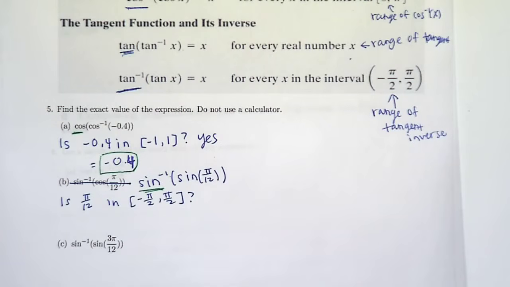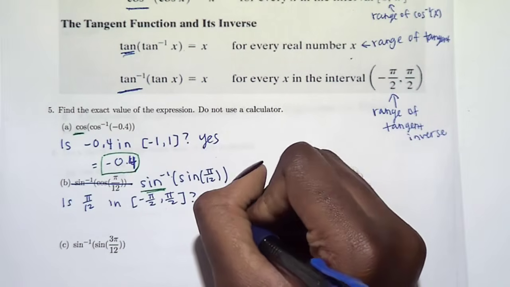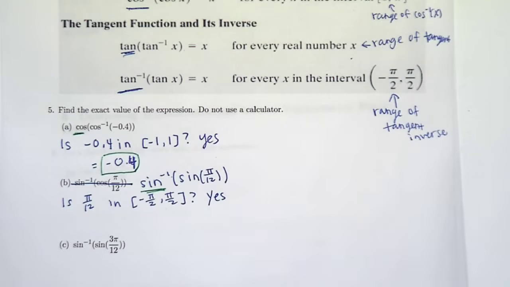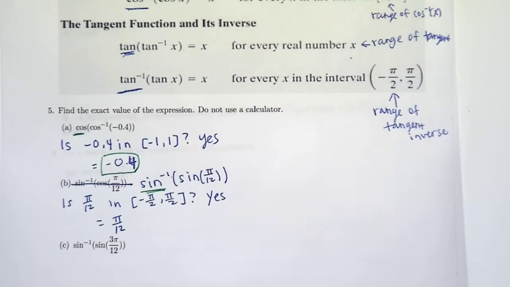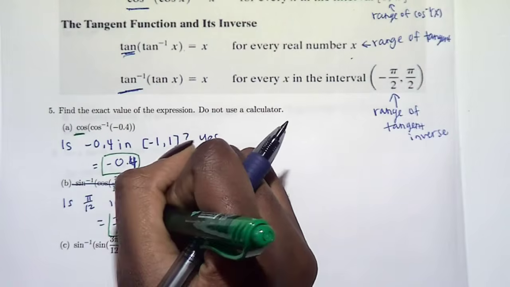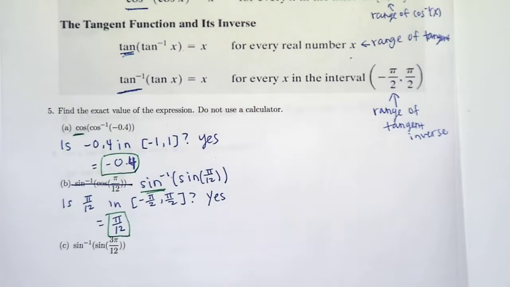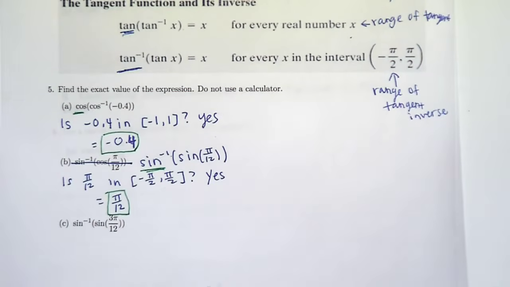If you want to put it in your calculator to check, you can. Pi over 12 is really small, so it's going to be in this interval. So the answer is yes, and the answer is what's expected. The answer is just pi over 12. Composing two inverse functions, we get out exactly what we put in. All right, let's look at the next one.